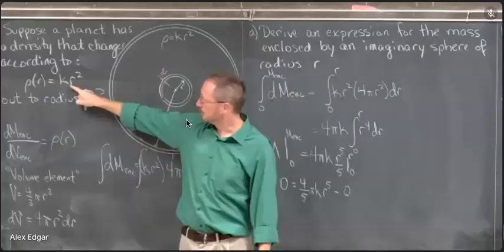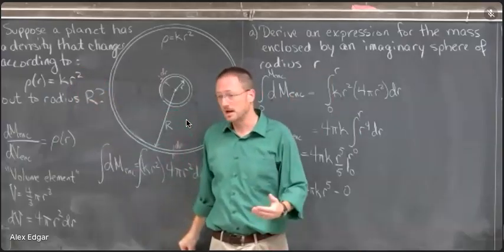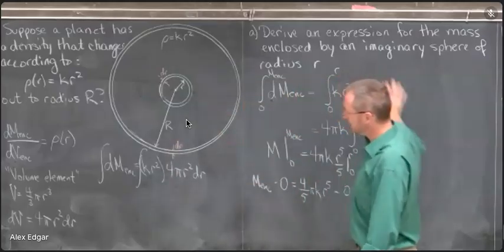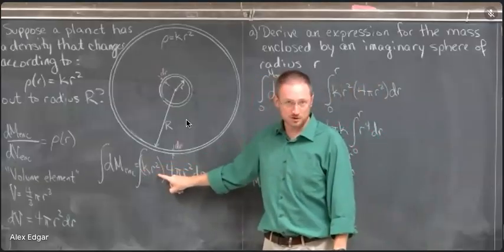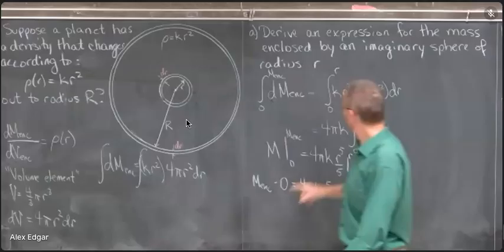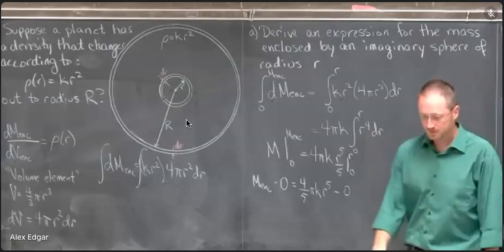That would be a density which is k over r, or perhaps a k over r squared. All the rest of this math would remain the same. You would just change this function right there, and that would affect your polynomial by the time you get to this step right here. But that will be an issue for you to deal with in the homework.